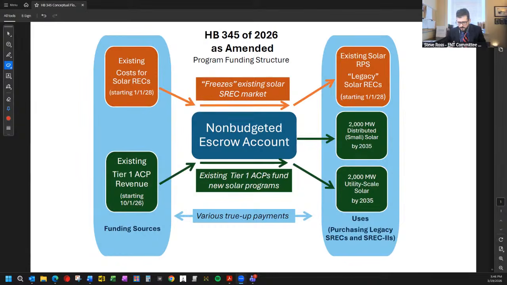I'm not sure I contemplated a municipal utility doing this. One municipal utility owns generation that I know of, that's Easton. I think it depends on what counts as an eligible applicant for the utility scale program.